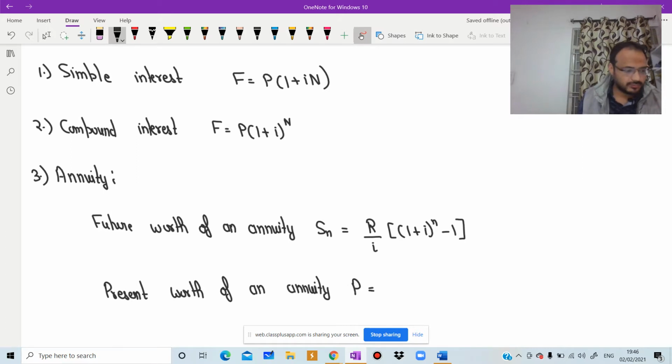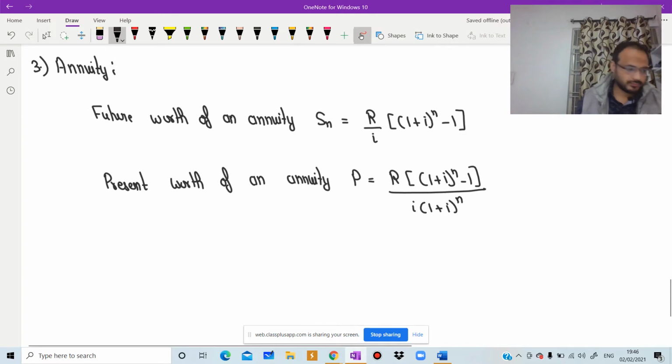Present worth of an annuity. So P is equal to R into ((1 plus I) to the power n minus 1) divided by I into (1 plus I) to the power n.